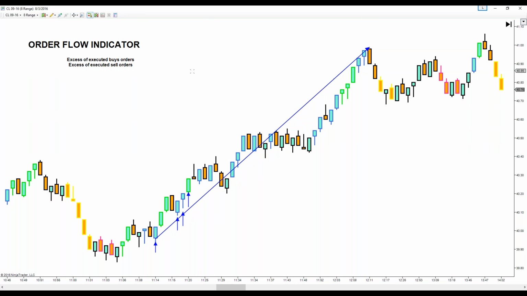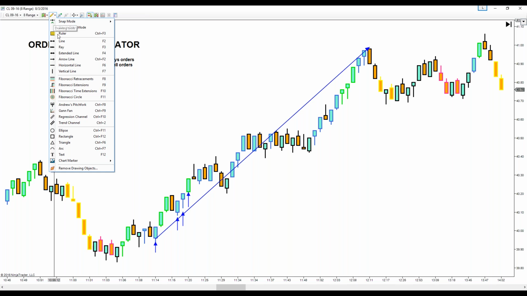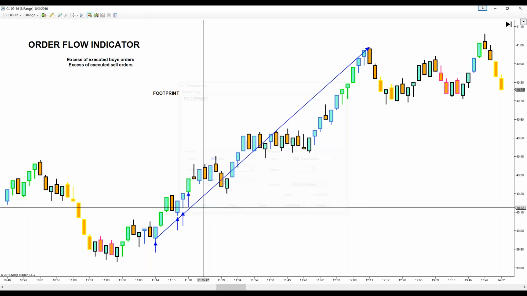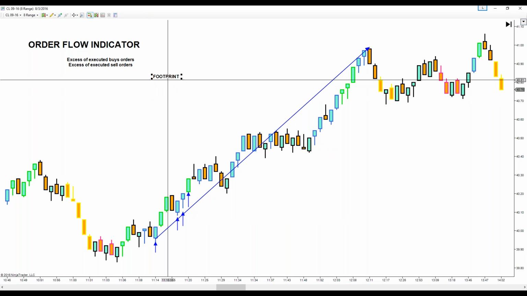Now, there are lots of ways to display order flow. I'm sure a lot of you have seen the footprint. And the numerous other ways that you can display order flow.